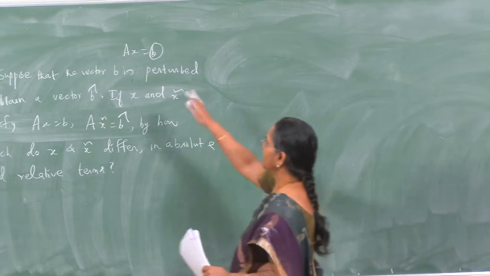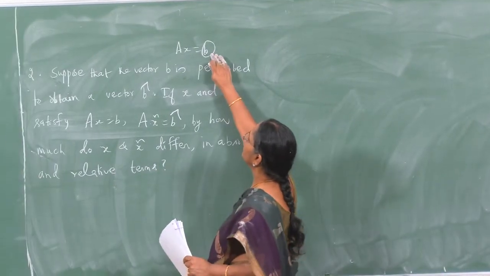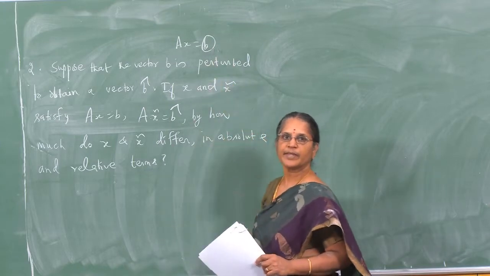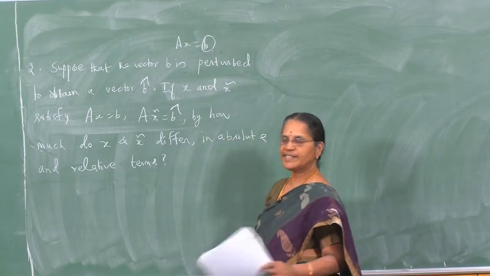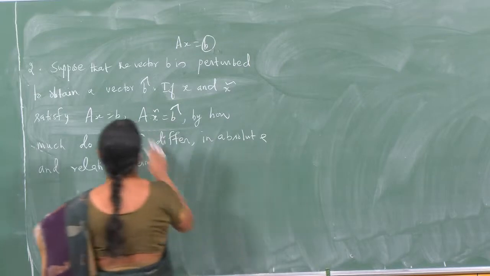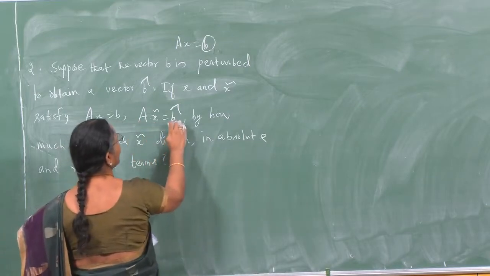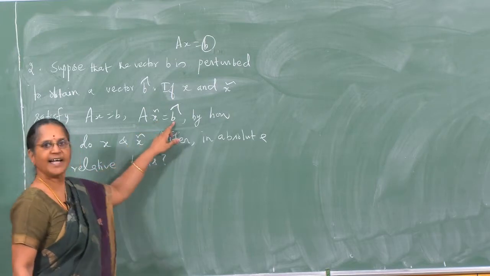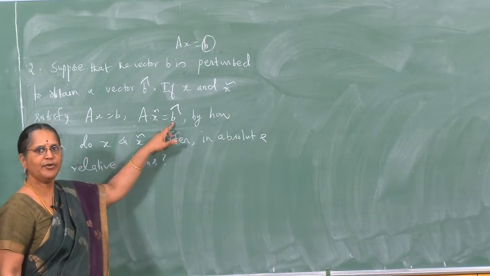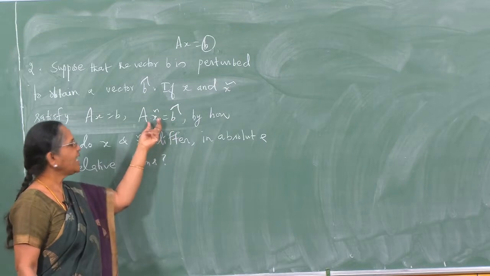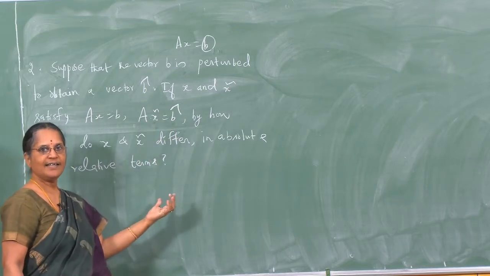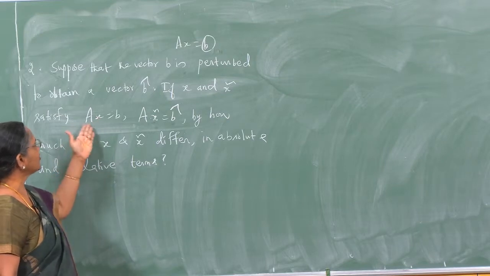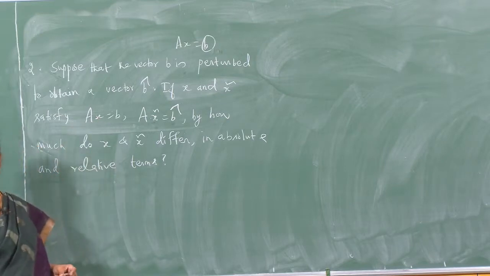I hope it is clear. If a small change in the entries of the right hand side vector b is given, so that you solve the system A x tilde equal to b cap, then x changes to x tilde because the right hand side vector has changed from b to b cap. You obtain your solution as x tilde, whereas the actual solution is denoted by x because you want to solve the system Ax is equal to b.